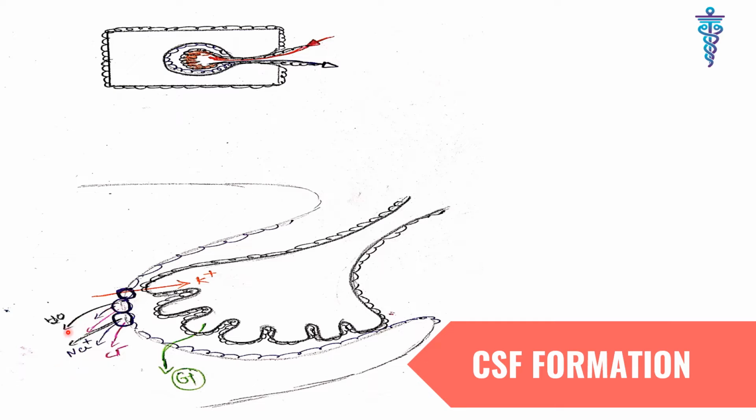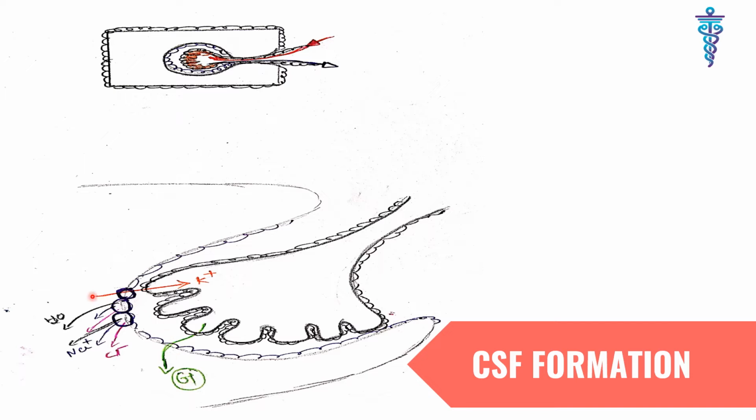Now CSF is formed. It also has a glucose transporter, but not very efficient. Due to this reason, glucose in CSF is less than glucose in the blood, meaning two thirds of the blood glucose is present in the CSF. If there is 100% glucose in the blood, how much is in the CSF? It will be 66%.